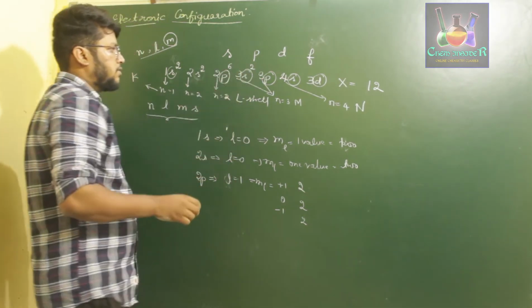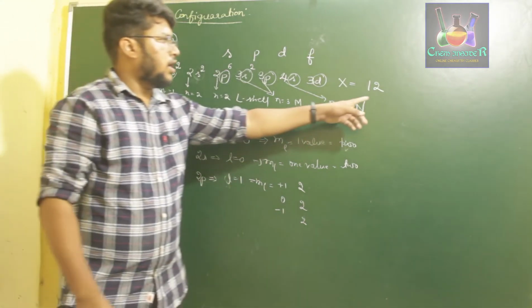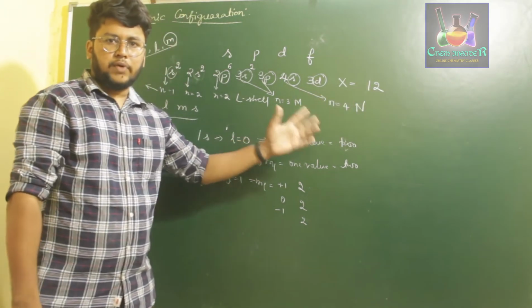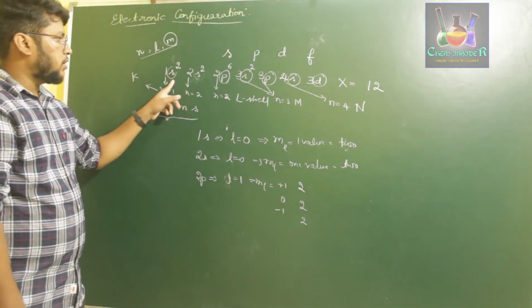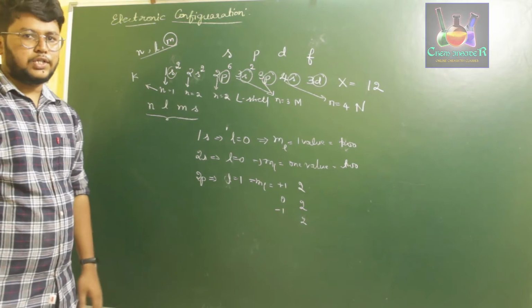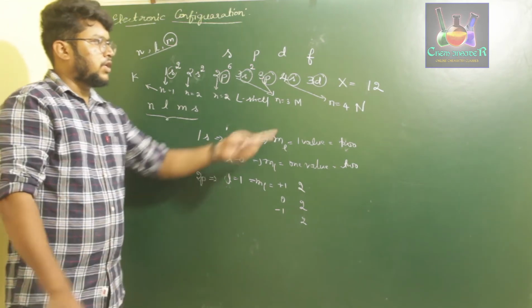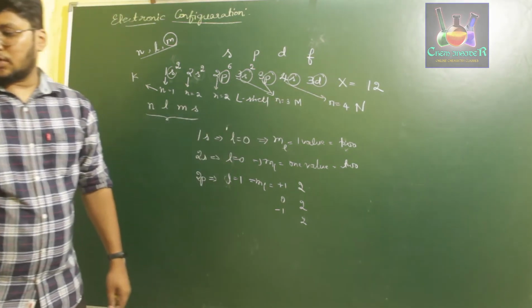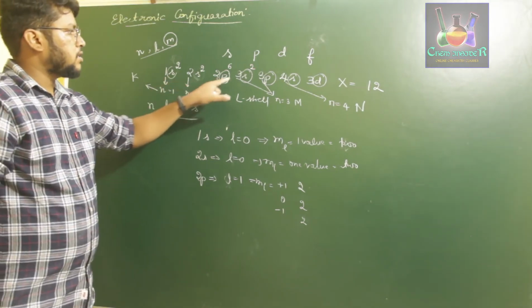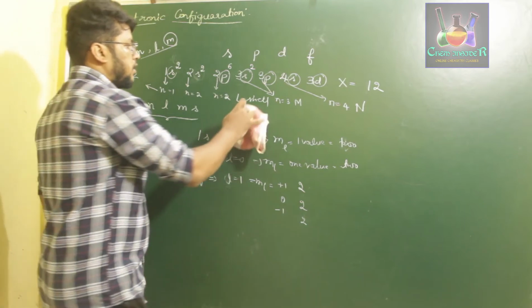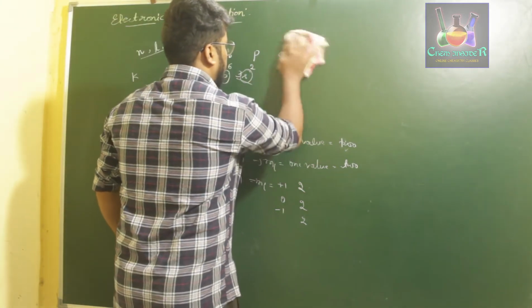Now if you observe here, atomic number 12 means there will be 12 electrons, and we have clearly filled the 12 electrons. So the electronic configuration of atom X with atomic number 12 is 1s2, 2s2, 2p6, 3s2. The rest is ignored because there is no electron present in it.